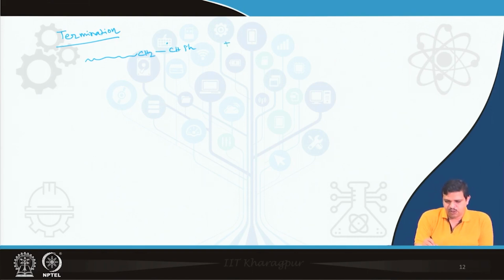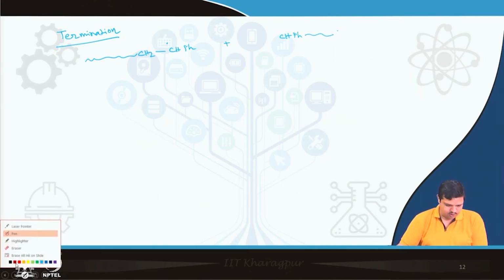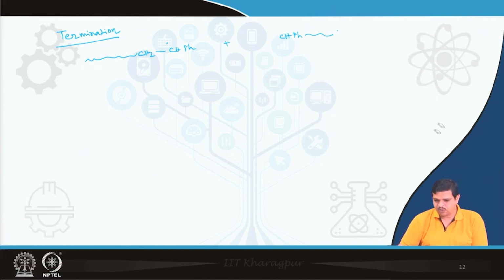So, we can imagine that there is another one, because there are a lot of this kind of active species, polymers with active ends.